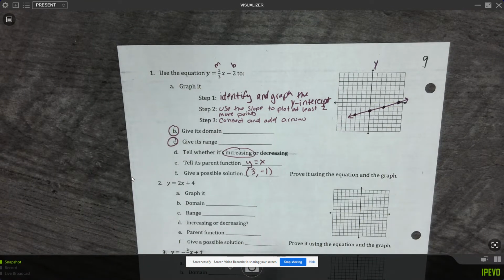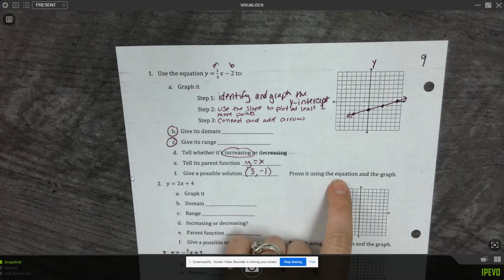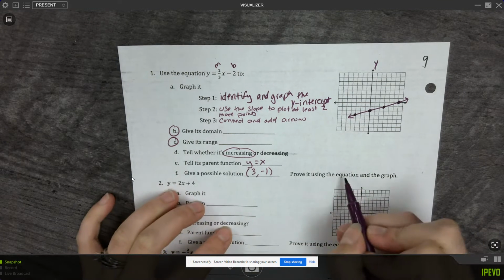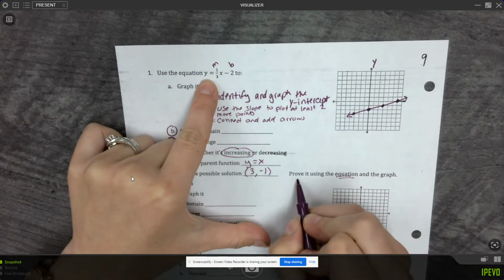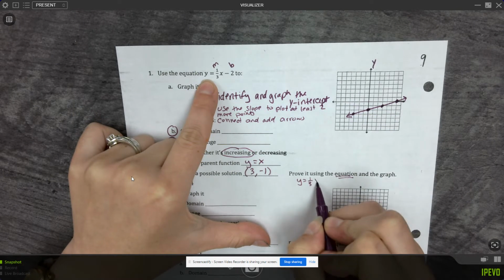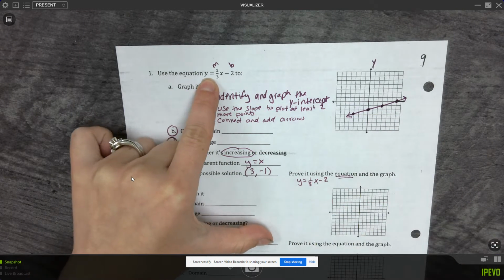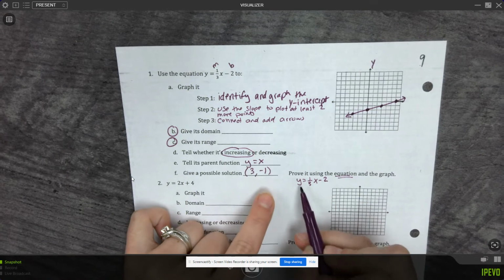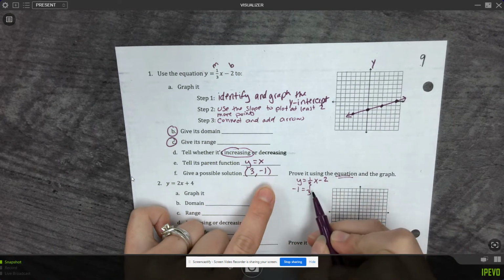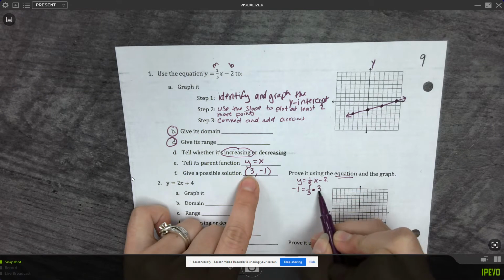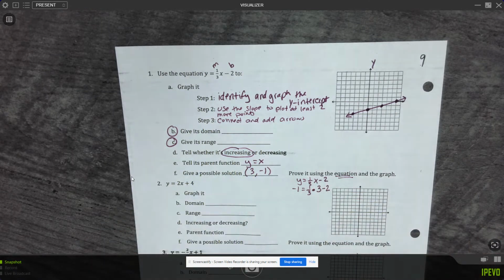Now we're going to prove it using the equation and the graph. Here was our equation: y equals 1/3 x minus 2. Using this point, my y value is -1, equals 1/3 times the x value, 3, minus 2.